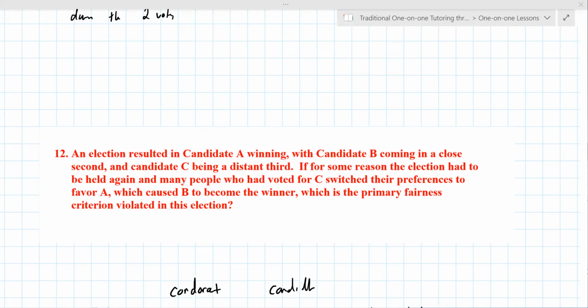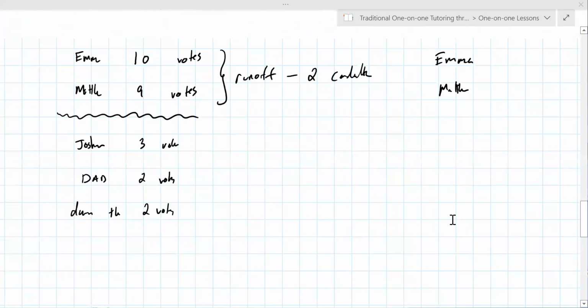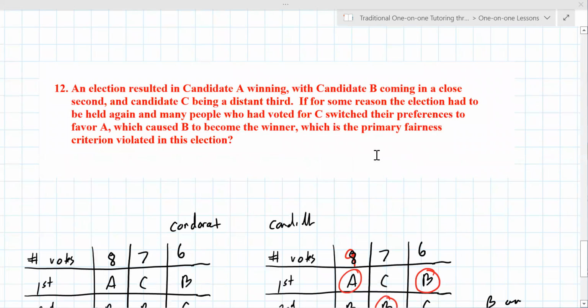Pair of candidates. So in Copeland's method, all pairwise comparisons are made. So that doesn't seem right.